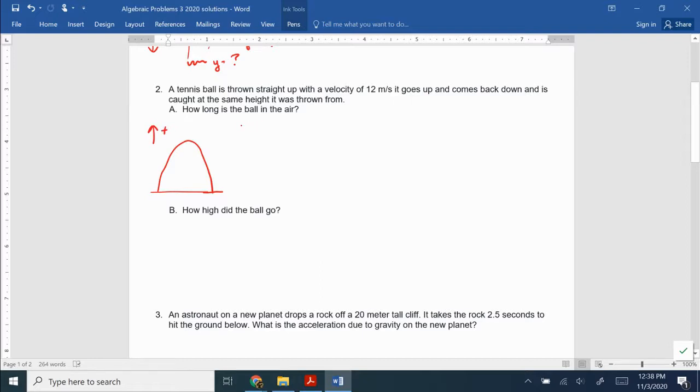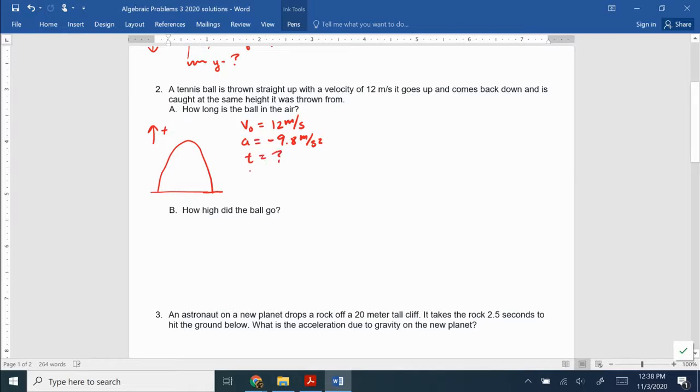We have our initial velocity, which is 12 meters per second. That's going to be positive 12 meters per second because it is an upward velocity and up is positive. We have our acceleration, that is going to be negative 9.8 meters per second squared, negative because it is a downward acceleration and we have chosen up to be positive. We are looking for time.